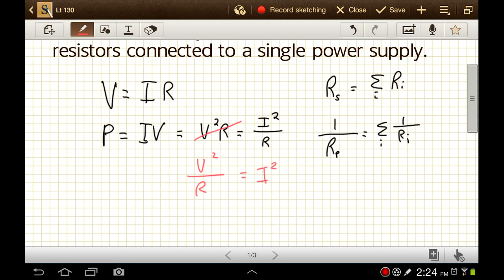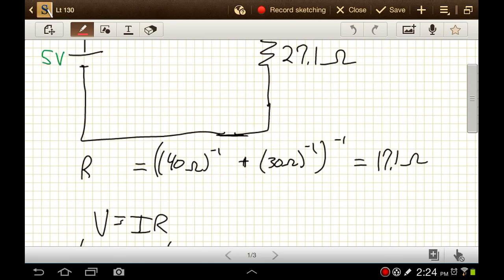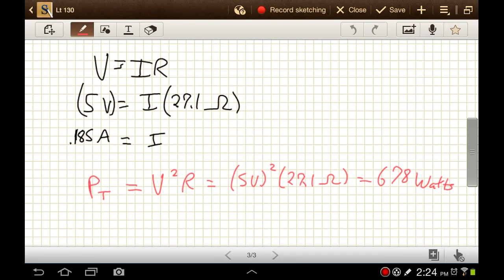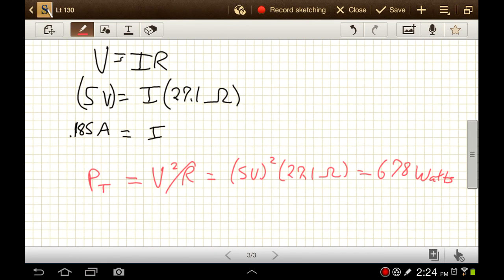So back here, V squared over R. Okay, so 25 over 27.1. There we go. And so instead of that gigantic number, we get a much more reasonable 0.923 watts.